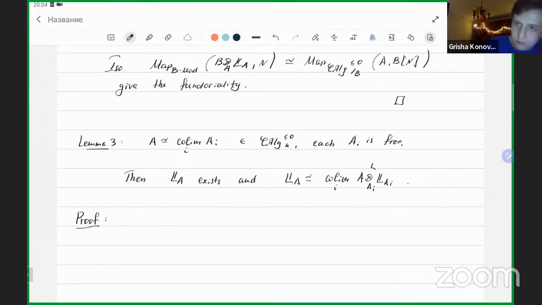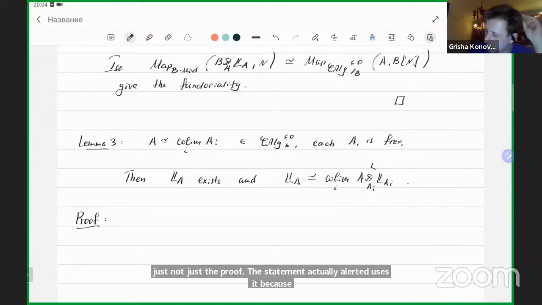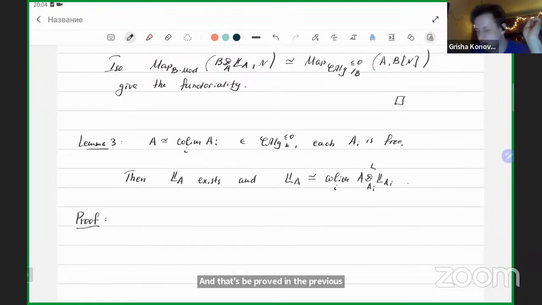And the proof will use functoriality from the previous lemma. Not just the proof, the statement actually already uses it, because a priori it's not obvious that a diagram of commutative algebras induces a diagram of cotangent complexes, and that we proved in the previous lemma, at least in the case where the diagram of algebras consisted of free algebras.